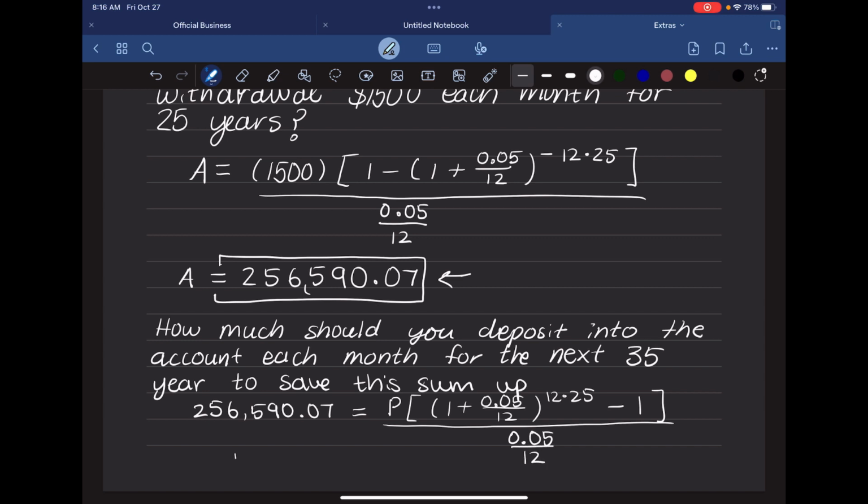And we just go ahead and solve for P, which you can do in your calculator.